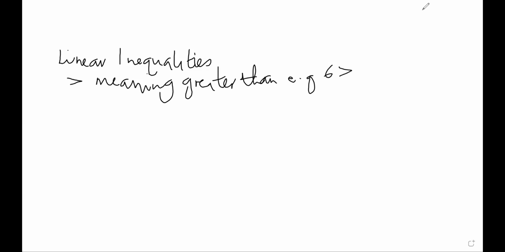So in this section, we are concerned with statements which involve symbols such as greater than. So this means greater than, e.g. 6 is greater than 2. Then we have that one meaning less than.